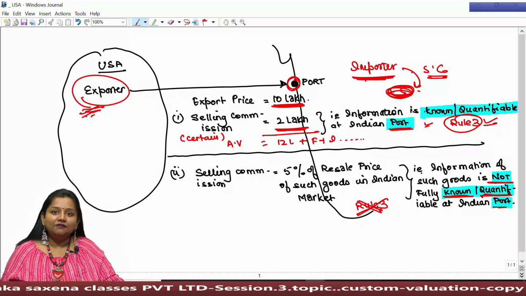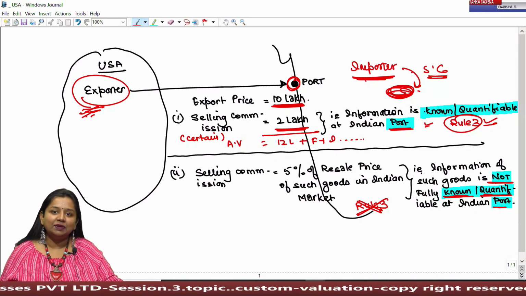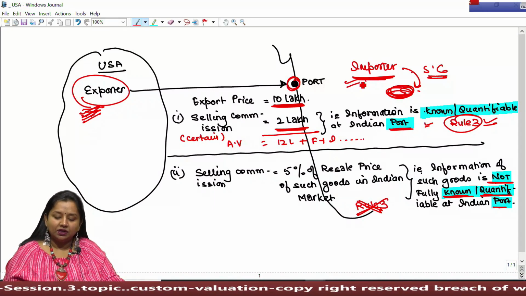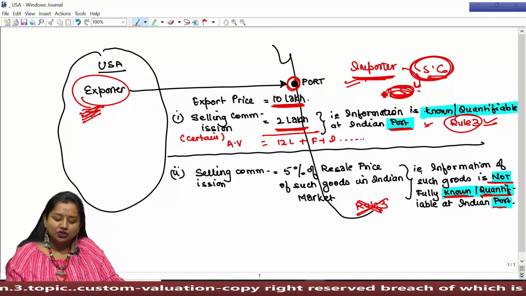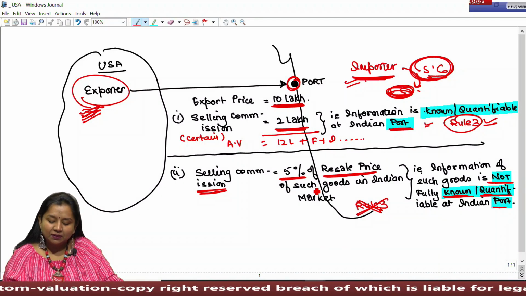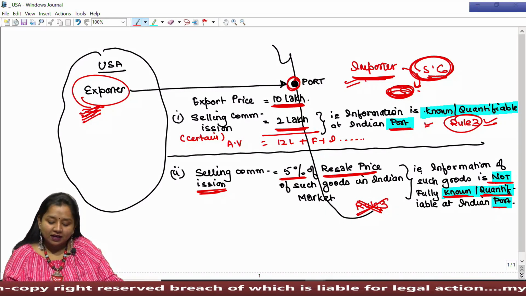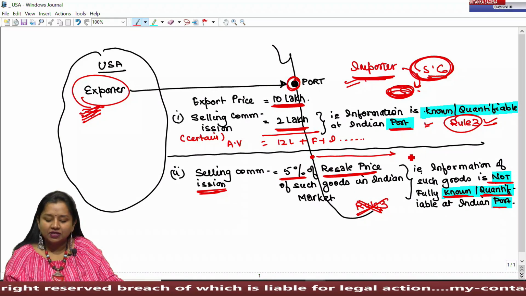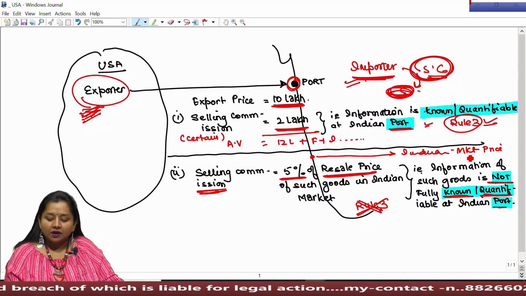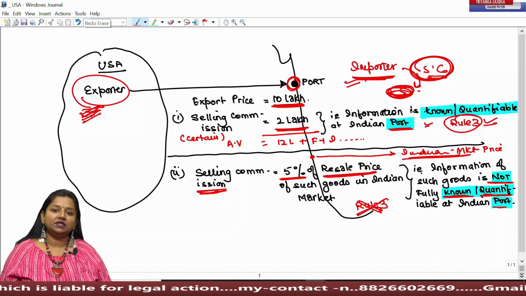But if the information related to the expense paid by the importer to the exporter is not ascertainable at the Indian port, as in the given example, where the exporter says to the importer to pay selling commission to my agent located in India at the rate of 5% of the resale price of such goods in the Indian market. That is, the condition of commission is that the importer shall sell such goods in the Indian market, and 5% of whatever the Indian market price is shall be given to the exporter's agent.